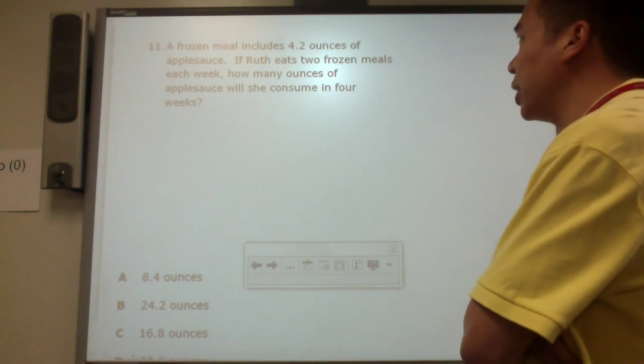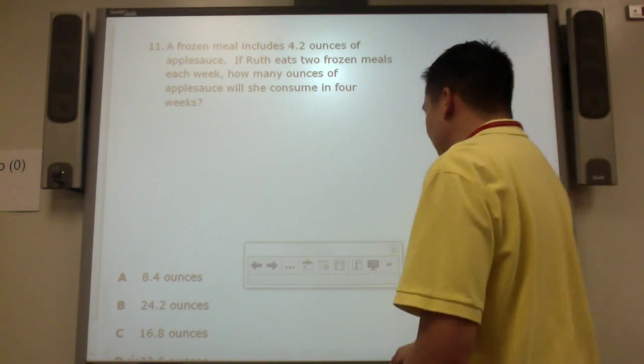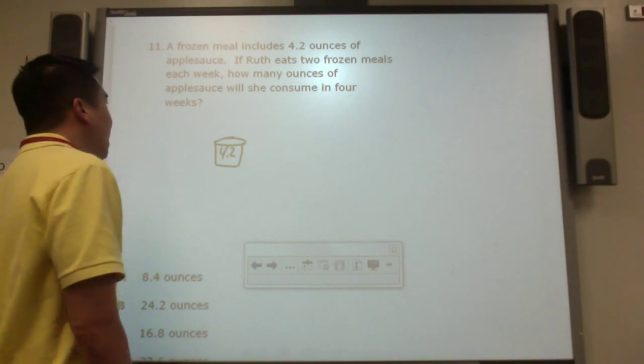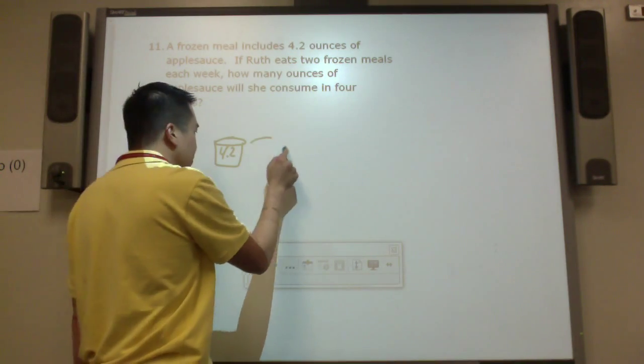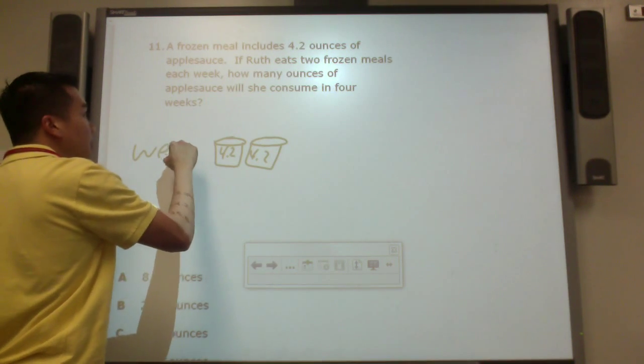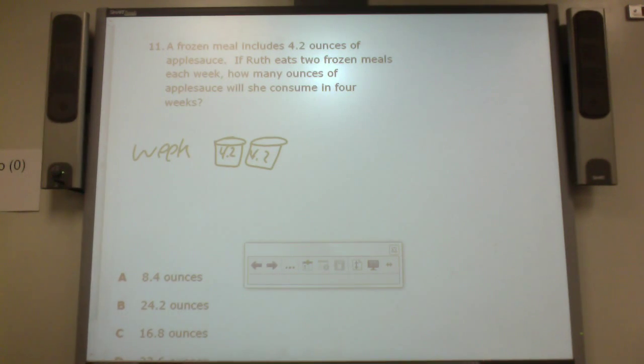Number 11. A frozen meal includes 4.2 ounces of applesauce. If Ruth eats 2 frozen meals each week, how many ounces of applesauce will she consume in 4 weeks?